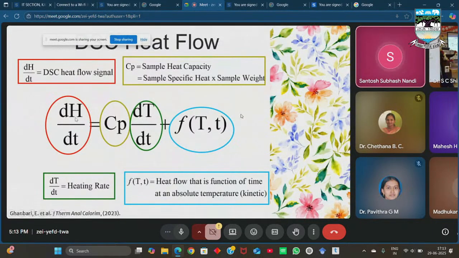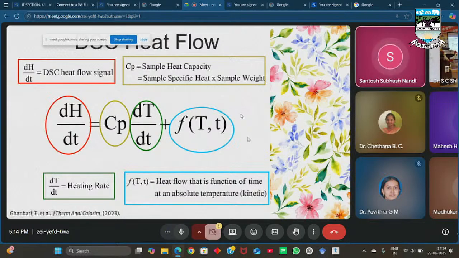As you can see here, we call it Q, dH by dt, which is nothing but how the heat is going to flow in the system. It is the sum of the sample heat capacity and the heat rating with respect to the function of time at an absolute temperature.